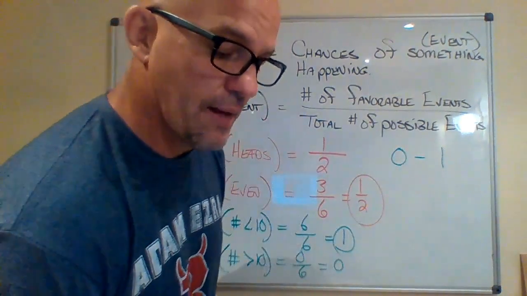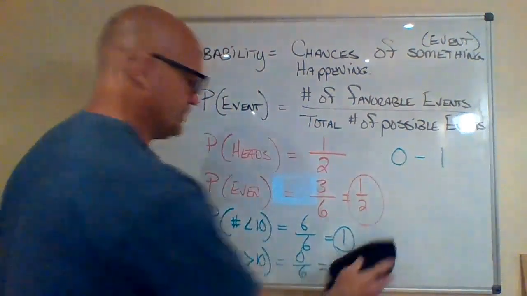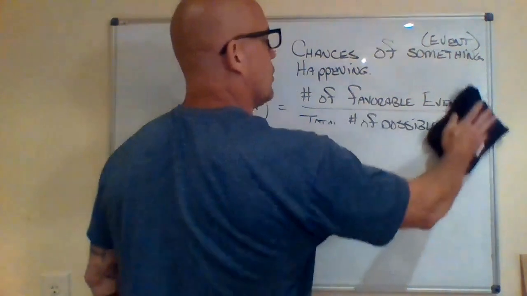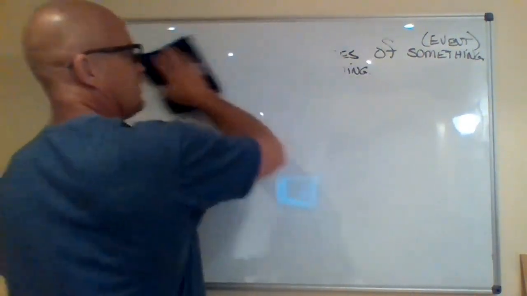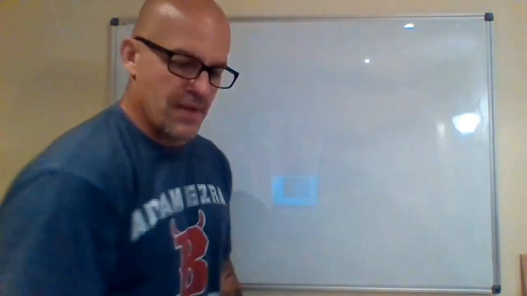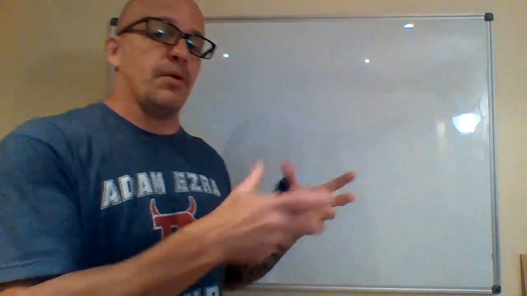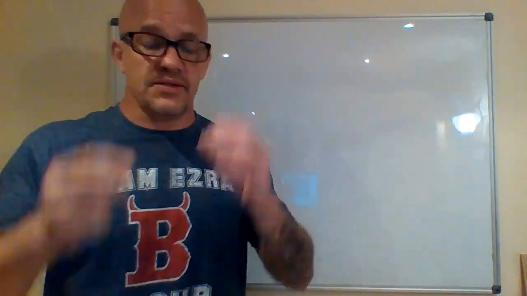Since we've done that, I'm hoping that's sufficient. Now, today, we're going to talk about the probability of multiple step events. So this time, instead of just finding a simple probability, I'm going to say, what's the probability of getting this and then this? So we're going to talk about that real simple.